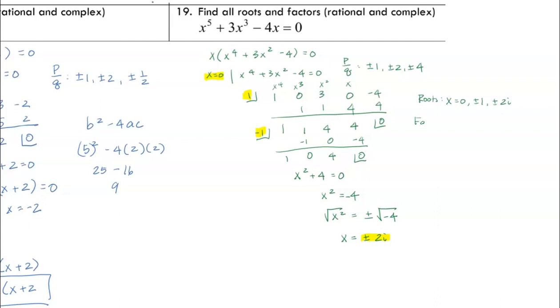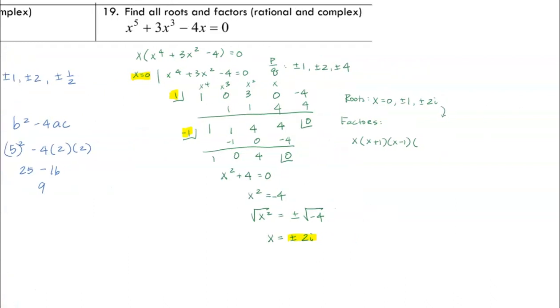The factors are going to be x times x plus 1, x minus 1, and then here I can go ahead and do x equals 2i and x equals -2i, and just set the right-hand side equal to 0: x minus 2i, and then x plus 2i.